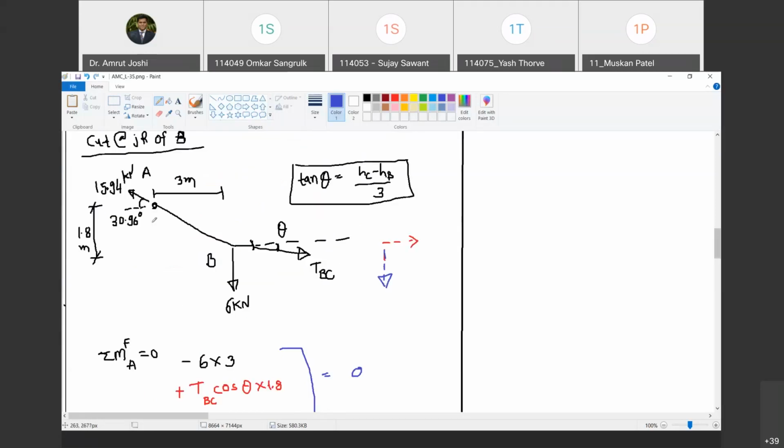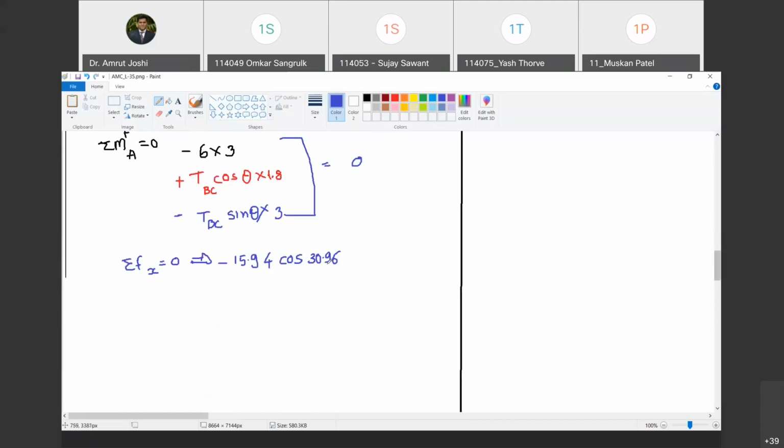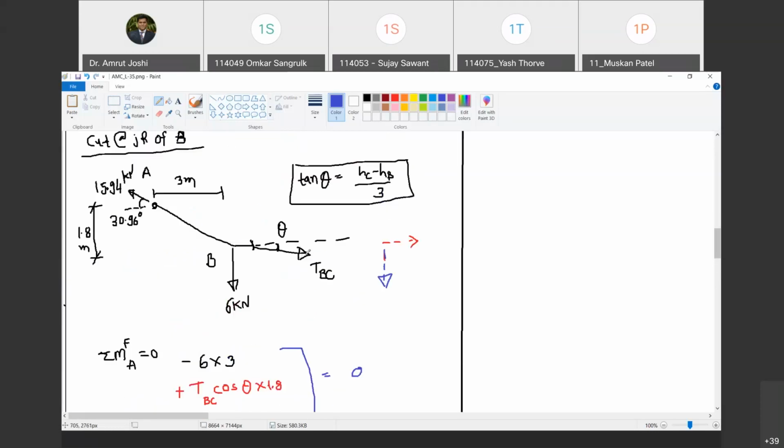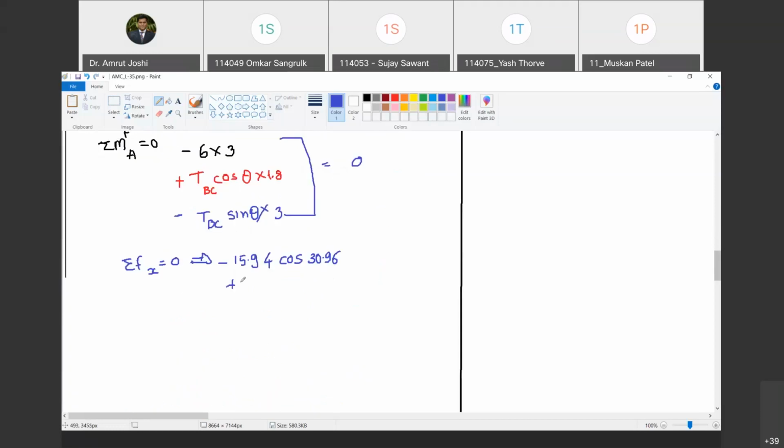Do you agree with me? Yes, sir. This 6 kilonewton doesn't have any horizontal component. This TBC has a horizontal component. Do you agree with me? Yes, sir. And that is TBC cos theta, so I will write it as plus TBC cos theta. This has to be equal to 0. Happy? Yes.